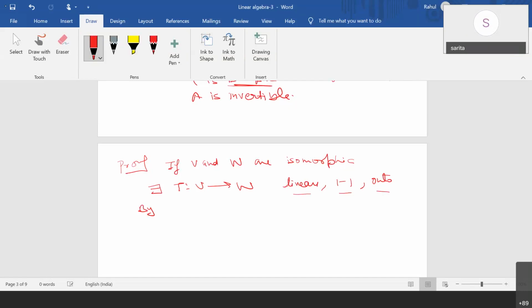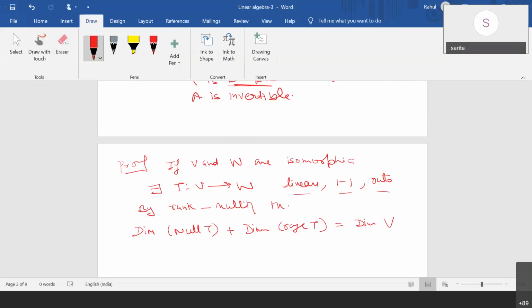Therefore, by the rank nullity theorem, what is the rank nullity theorem? Rank plus nullity is equal to the number of columns. Which actually means dimension of the null space plus dimension of the range of T is equal to dimension of V. Yes, ma'am.